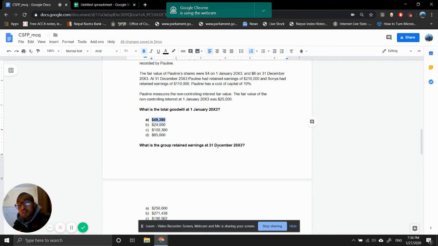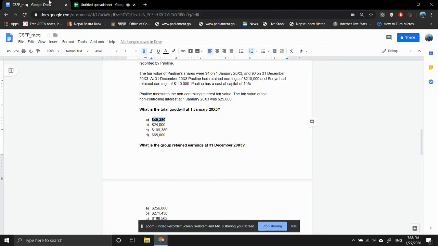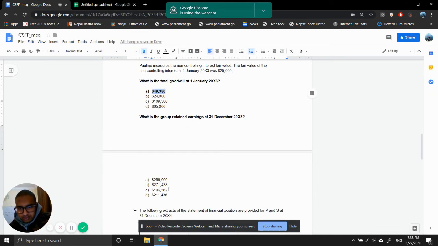Okay, so it's not after 2 years, it's only for 1 year. So that's easy. That's basically just this figure times 10%. How much it should be reduced by. Okay, so 196,561, this is the figure.